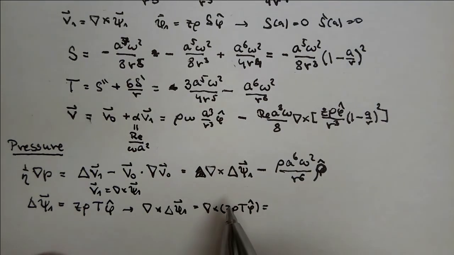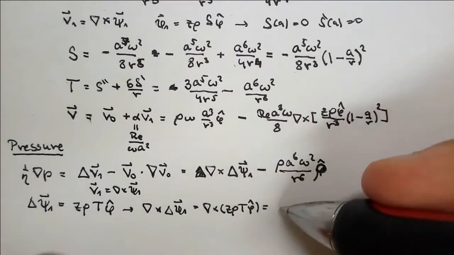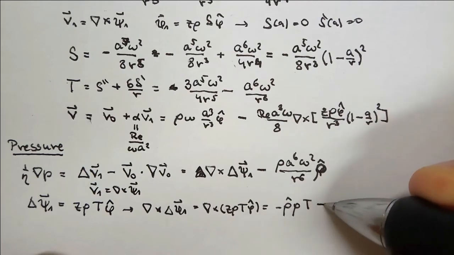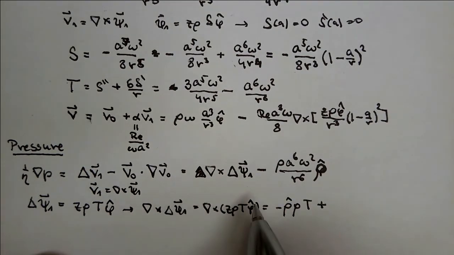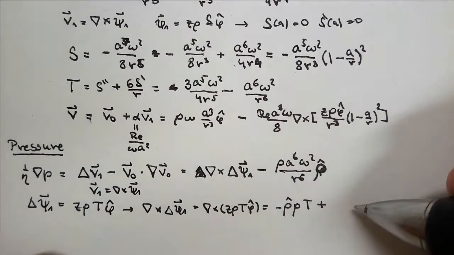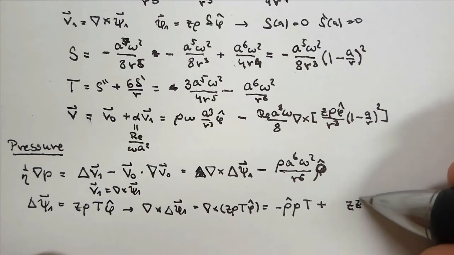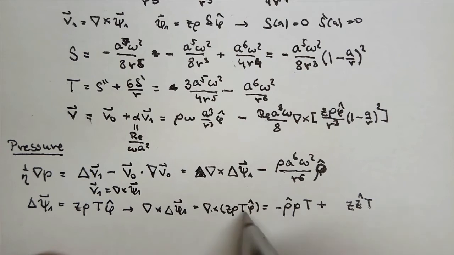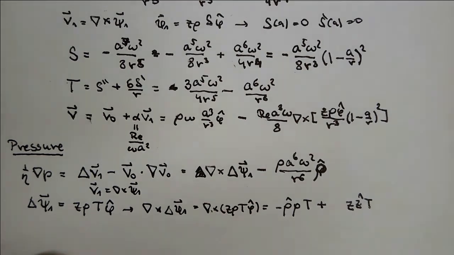And this is going to be what? There is z hat curl with this, which is minus rho hat times the derivative with respect to z of t, plus the curl of this, which is z rho hat, and the curl of this is plus z hat times t, and the curl of phi hat is basically 1 over rho.